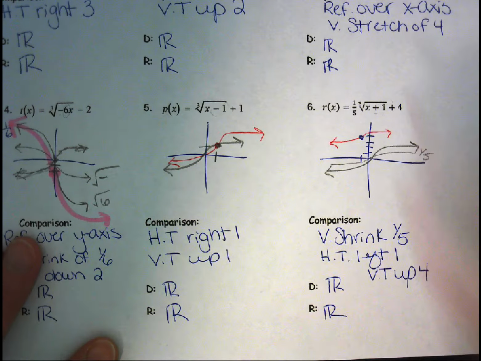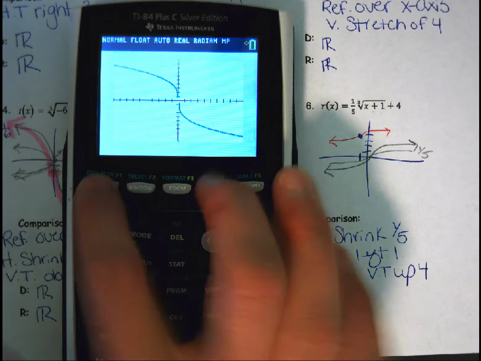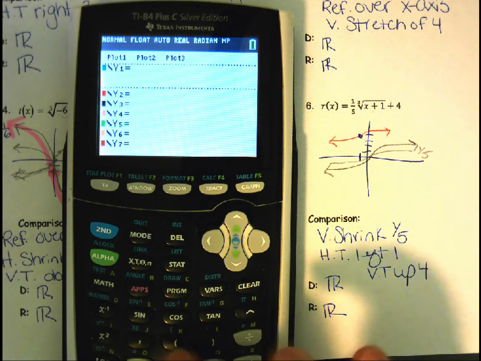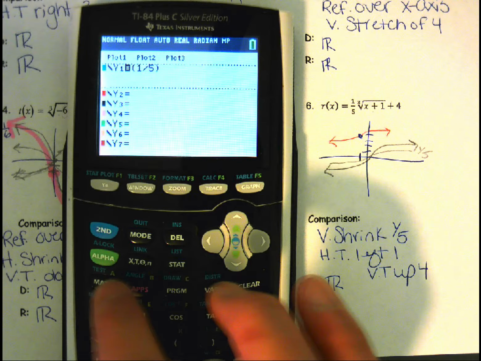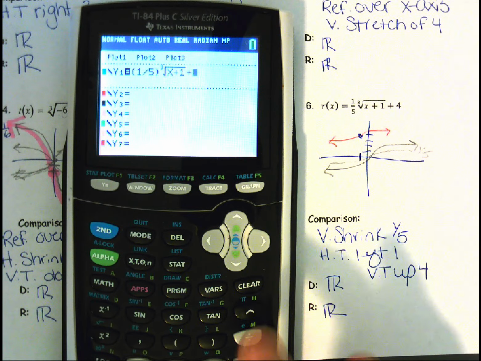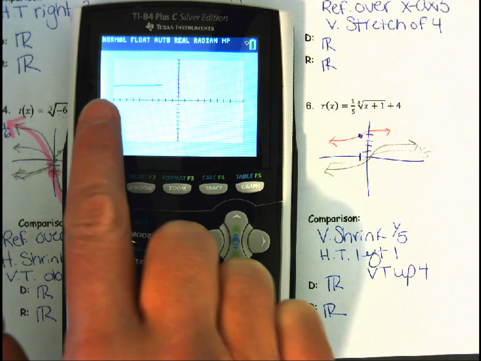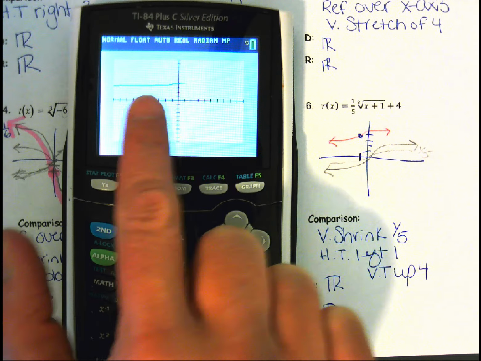If you try to do this on the graphing calculator, I guess 1/5 isn't too bad, but sometimes the smaller the fractions you have here, it can look really flat on the graphing calculator. So I've got x plus 1 and then plus 4. So let's watch that 1/5. See how it almost looks like it's a completely straight line? Every now and then you can see a little jump in it.